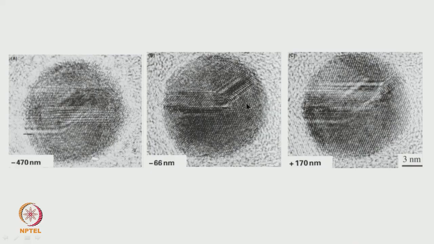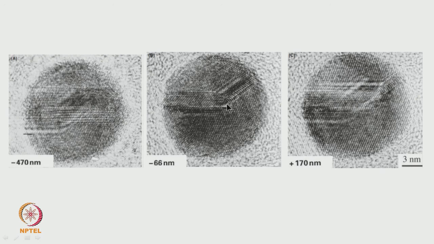So, what is essentially done to get the best information is to take a series of images, normally closer to Scherzer defocus on either side, changing the defocus condition. Using these images and a computer simulation, one can find the image which corresponds to Scherzer defocus, and how the contrast of that image itself changes can also be simulated.